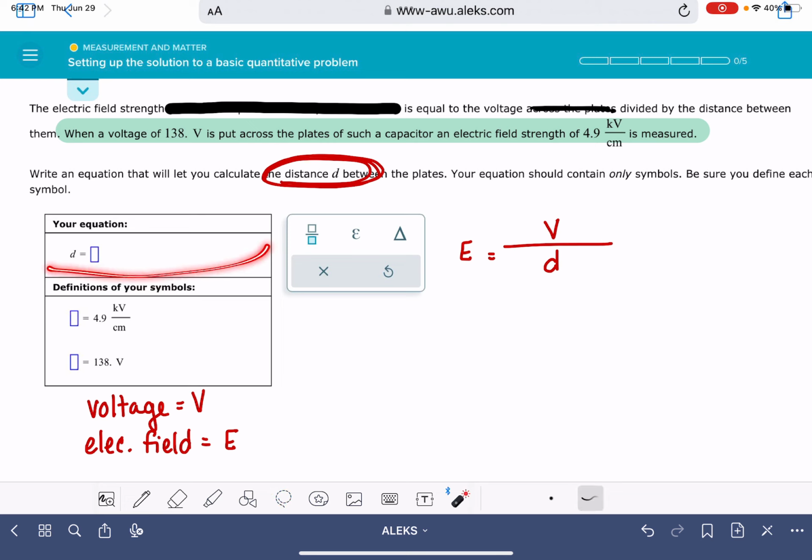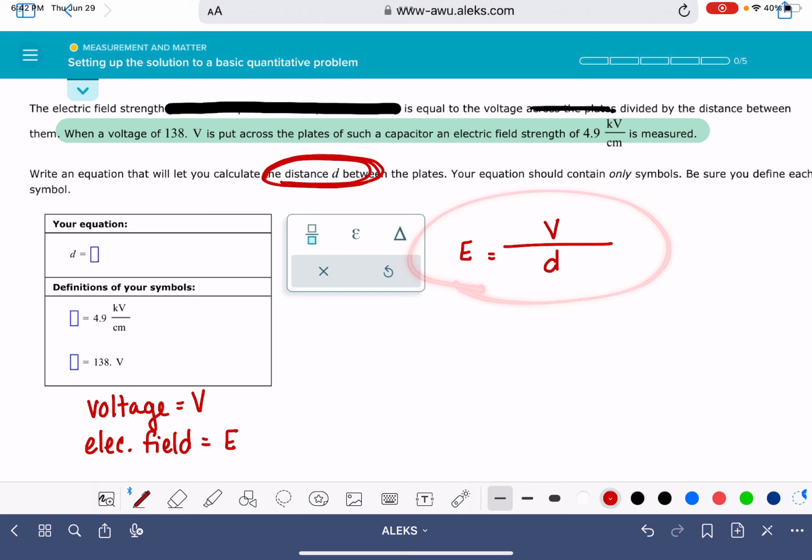So this is the equation that I have derived from the story in the ALEKS problem. Now moving on, this wants me to come up with an equation that I could use to solve for D. So I'm going to take this equation and do some algebraic manipulation to isolate the variable D. I'm going to start by multiplying both sides of the equation by D in order to get it out of the denominator.